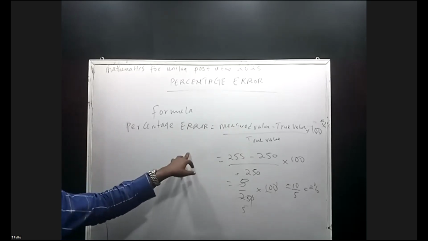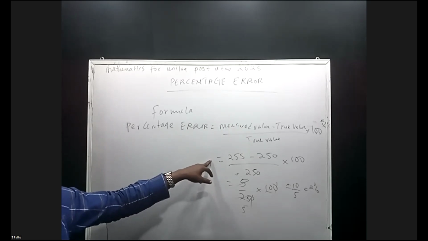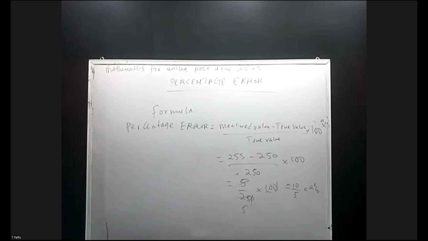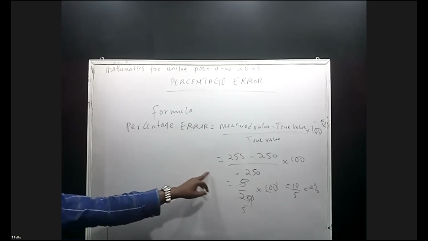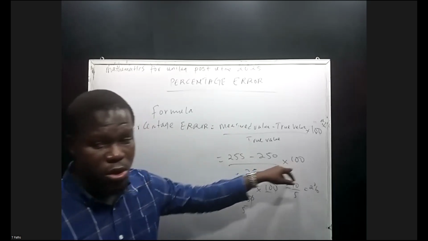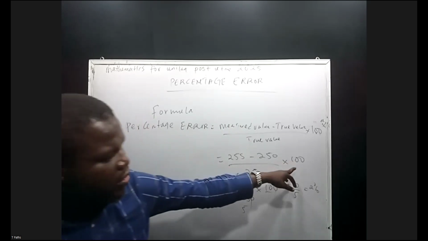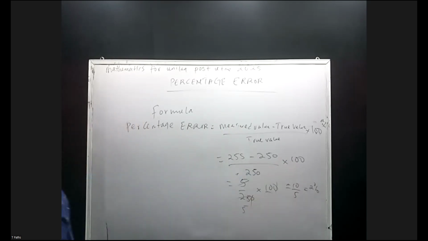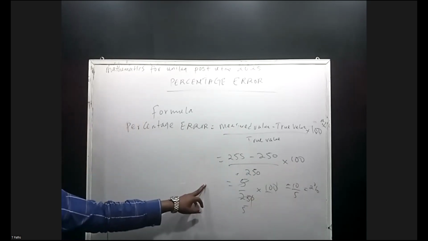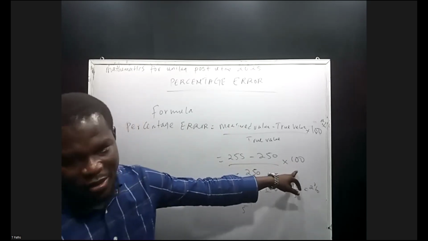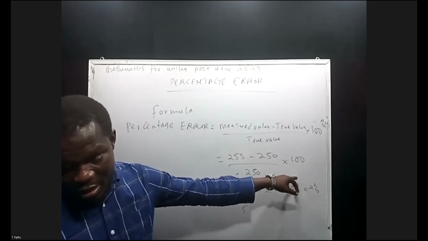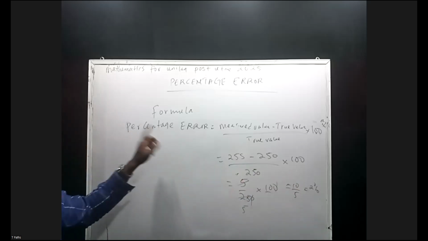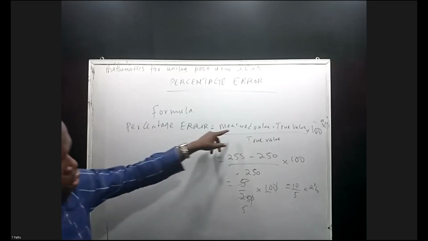When you see 2.2%, don't write 2.2 over 100. Either you write 2.2 and leave out the 100, or you write it over 100 without the percent. Because there are some questions that omit one of these two.